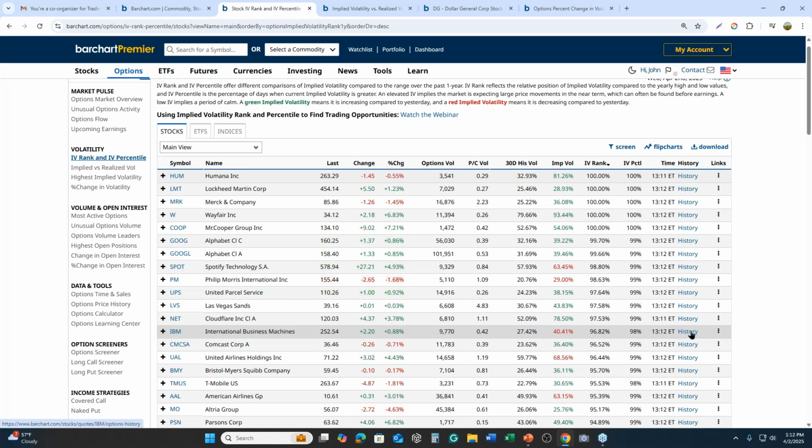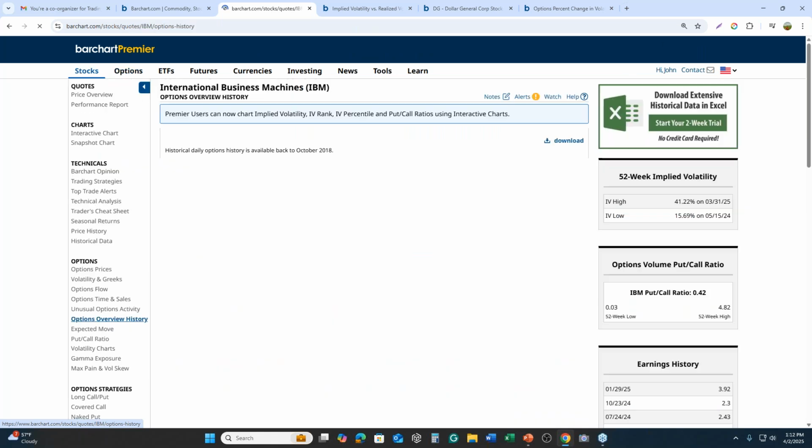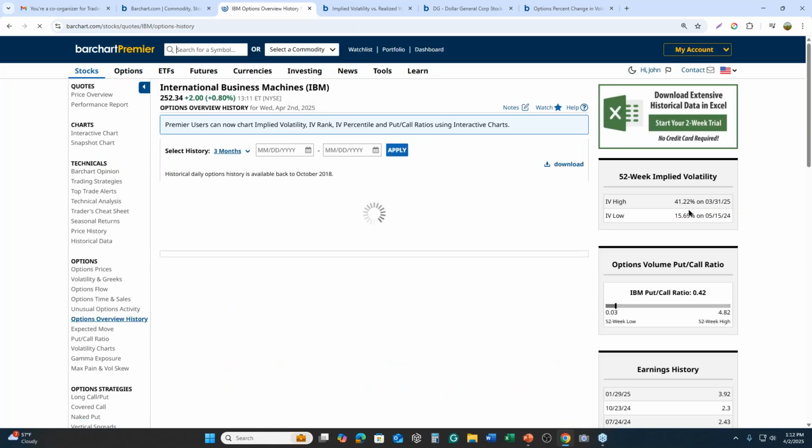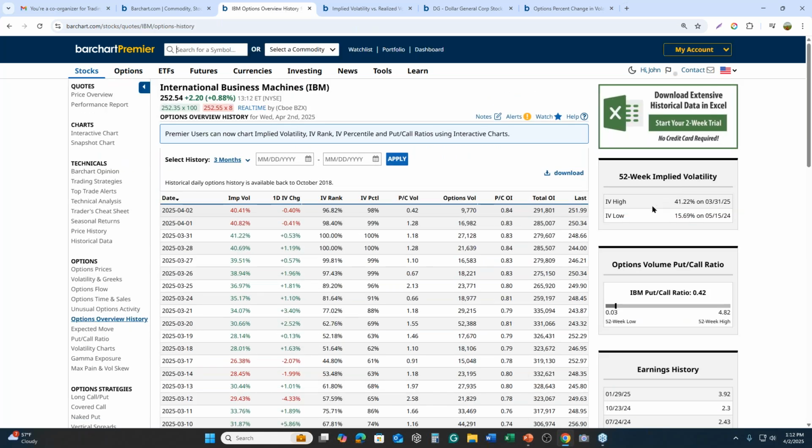So if I click on history here, we can see that the 52-week implied volatility range, the high end has been 41.22, which happened literally 2 days ago, and the low is around 14.69. So in other words, the range of implied volatility here is about what, 27, right? 26-ish. So, not a large or wide range.